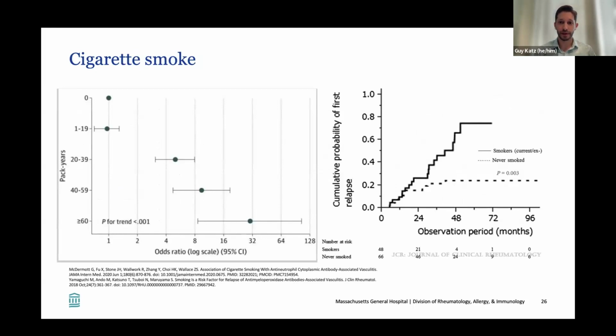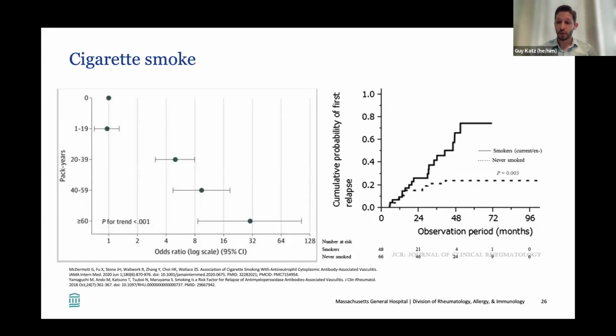The higher up is less smoking exposure, and as the smoking exposure goes up, which is going down in the graph, the bars that estimate how likely that person is to develop ANCA-associated vasculitis go to the right, which is a higher risk of the disease. So that shows that cigarette smoking is one of the risk factors for ANCA-associated vasculitis.